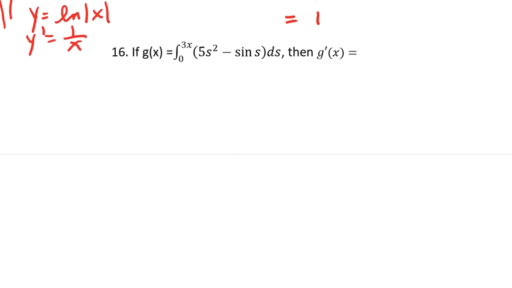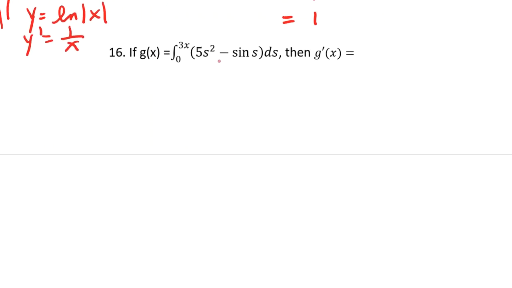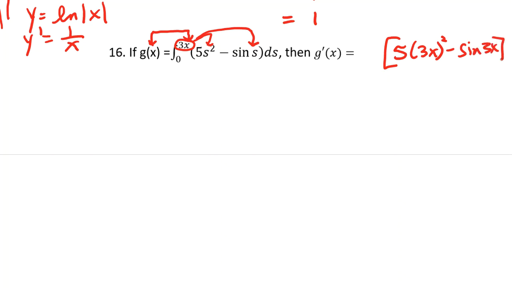And one more. G is accumulating the area under a function of s. Our independent variable matches our upper limit, so we're ready to do our derivative. So we're putting our upper limit into each variable, and we're going to multiply by our chain rule. So I'll leave a little space for that. So we're going to have 5 times our 3x quantity squared minus our sine of 3x, and our chain rule on the 3x.